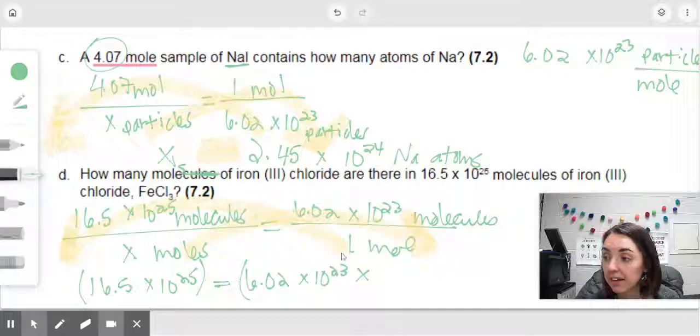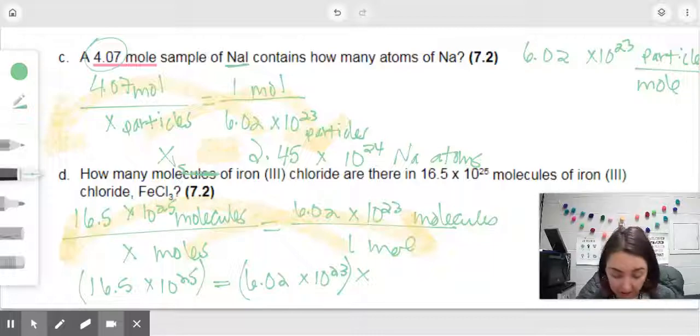When you put these in your calculator, use parentheses. If you don't, you might get some crazy number like times 10 to the 46th power. If you get that, you know you forgot parentheses. So when in doubt, use parentheses, especially in the denominator, because your calculator can't read your mind.